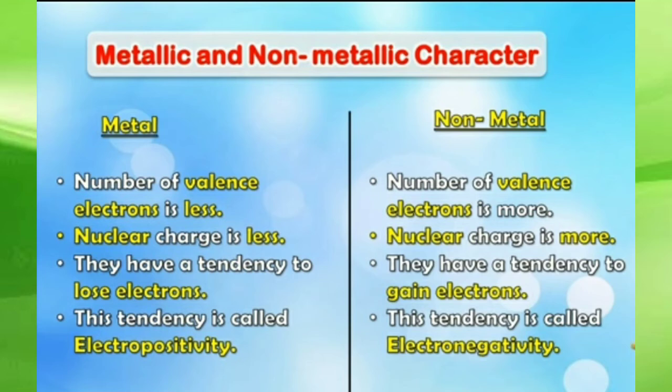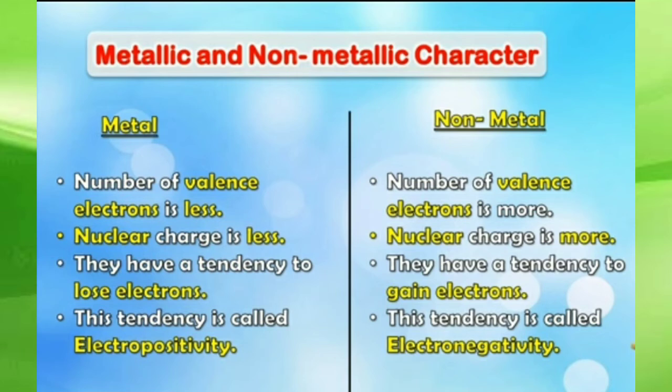Now you understood what the nuclear charge is? Good. Metals have a tendency to lose electrons. Metals can easily lose electrons while non-metals have a tendency to gain electrons.